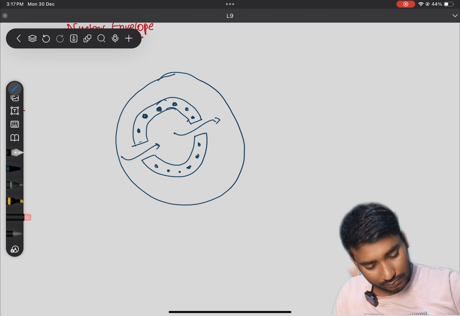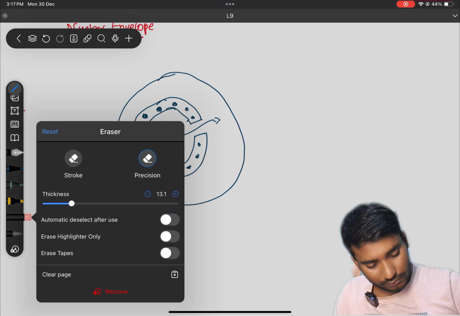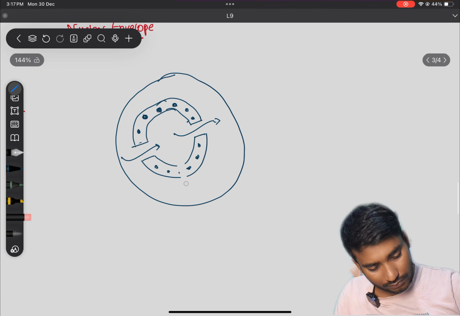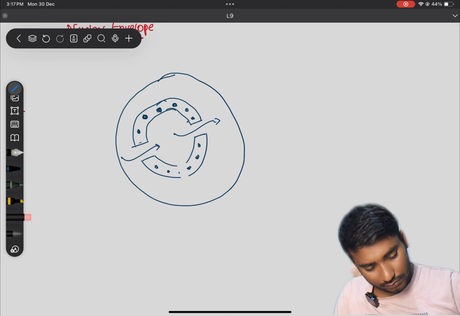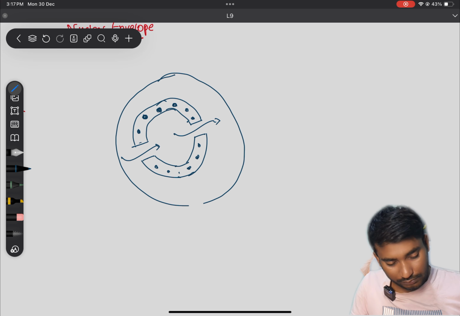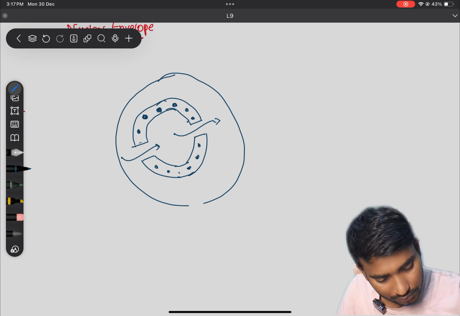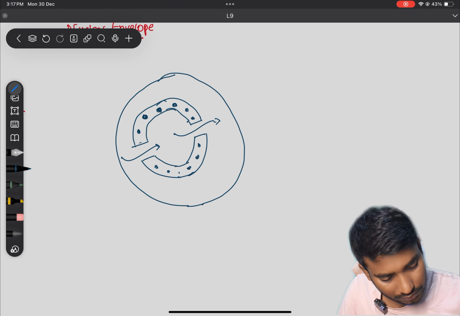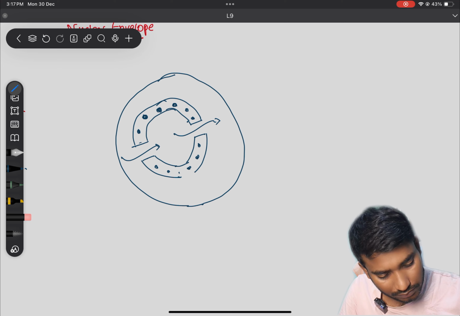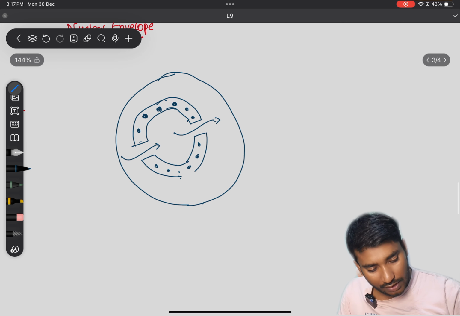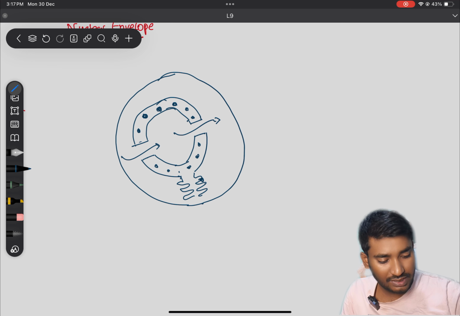Now I am drawing here the rough endoplasmic reticulum, that is, it contains ribosome.